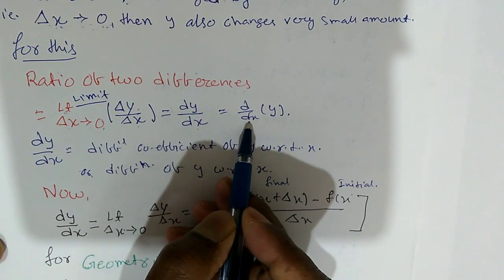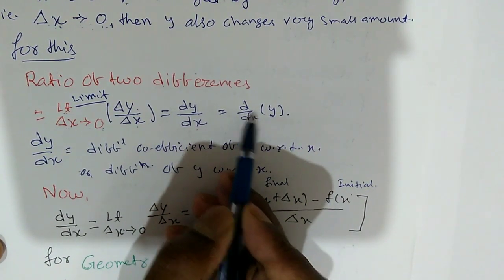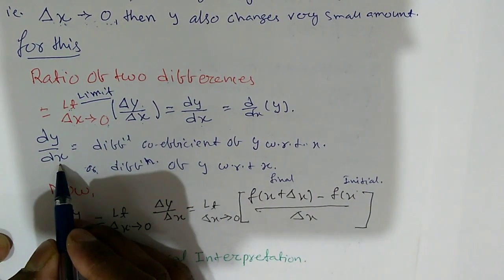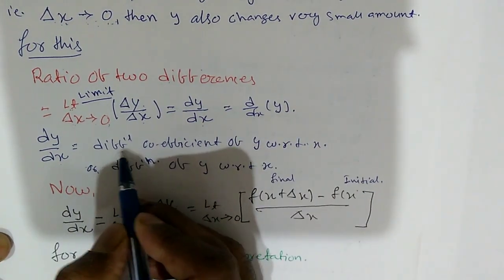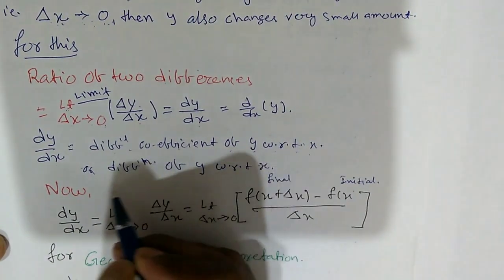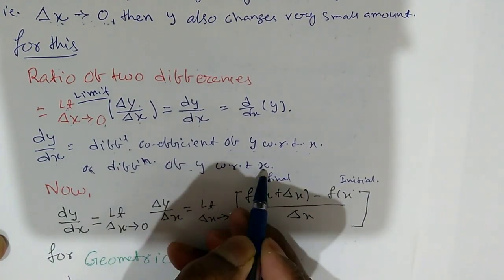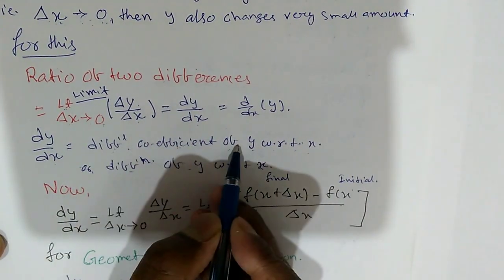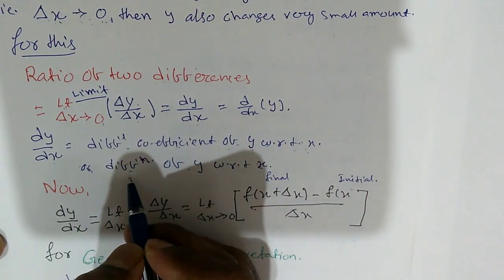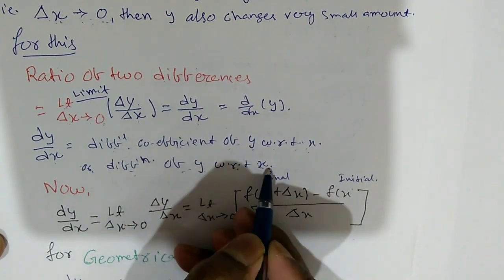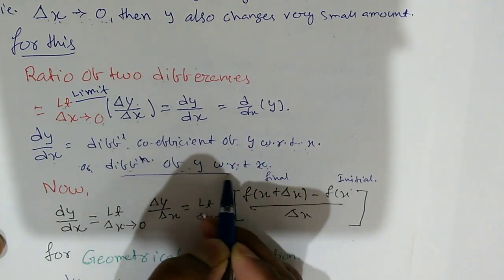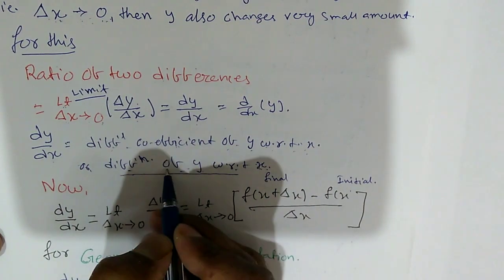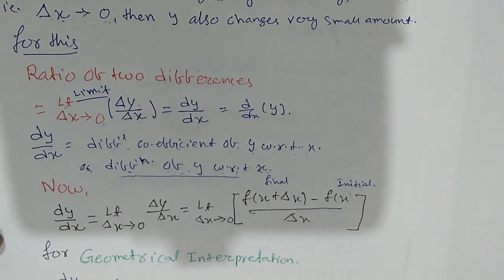So we write d by dx, this one is called the differential operator, and here is y. dy dx is read as the differential coefficient of y with respect to x, or differentiation of y with respect to x. We read it in these two ways: number one, differential coefficient of y with respect to x, or differentiation of y with respect to x.